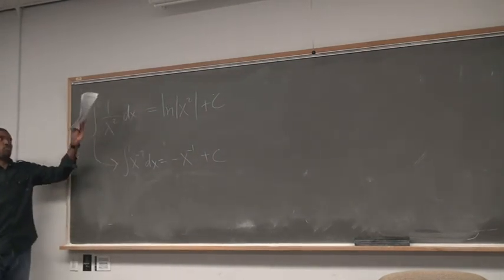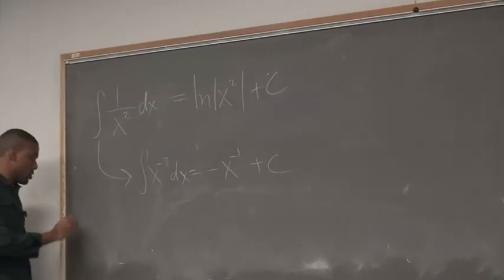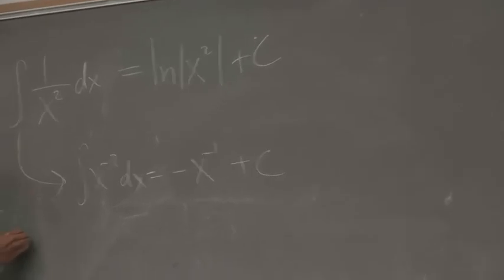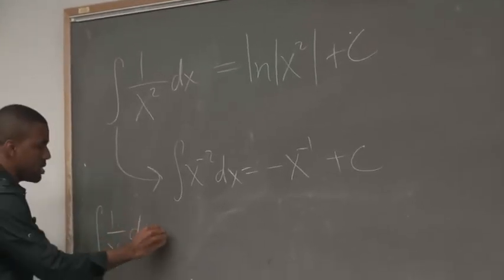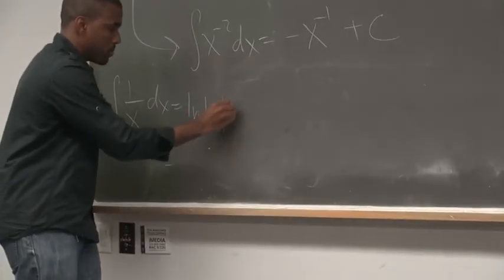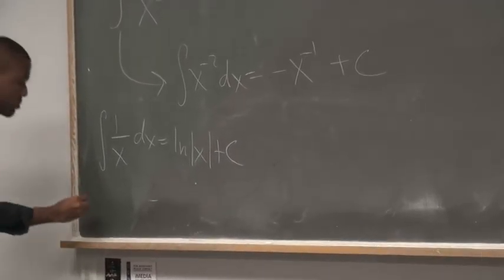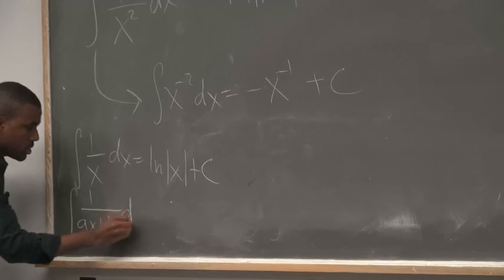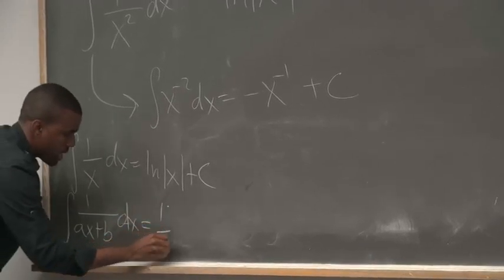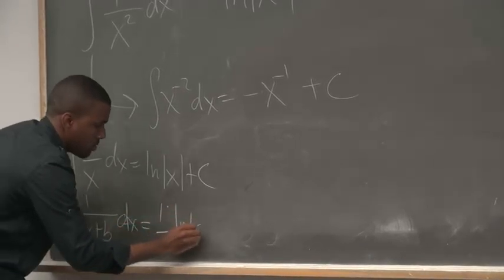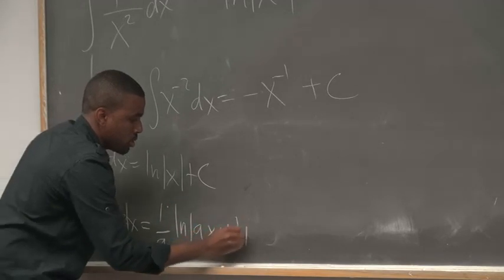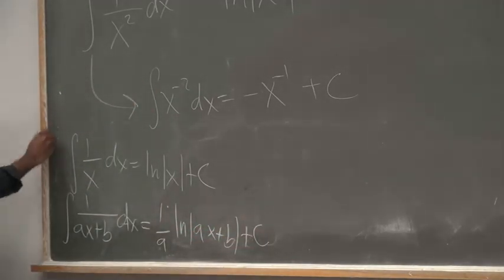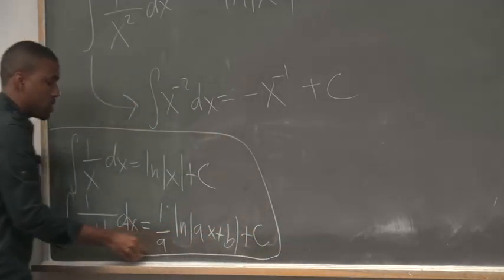A lot of people think that once you have 1 over something, it's just automatically ln. This is actually not true. It's only true for linear functions. If you have 1 over x dx, that is equal to ln x. Or if you have something like 1 over ax plus b dx, that is equal to 1 over a ln of ax plus b plus C. There is no other form that will give you ln.